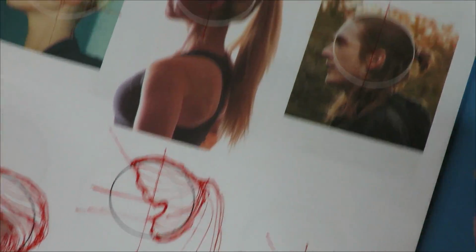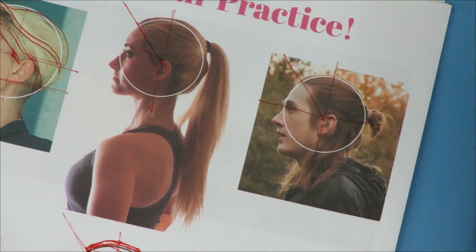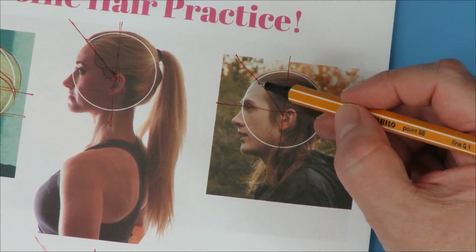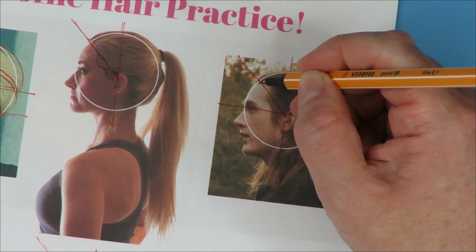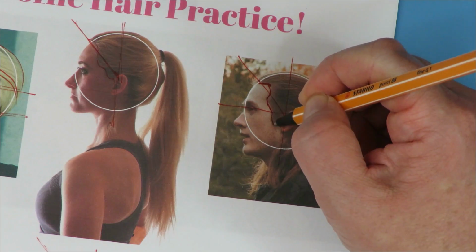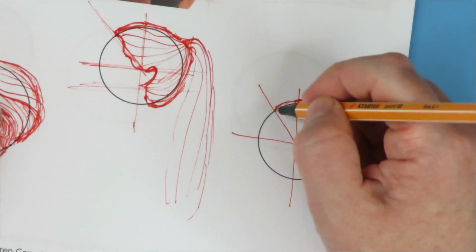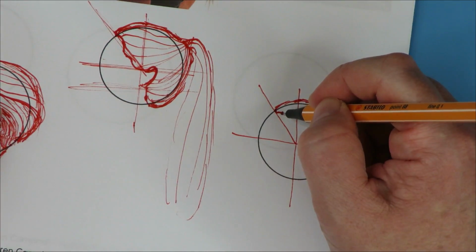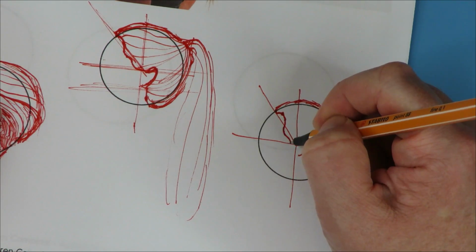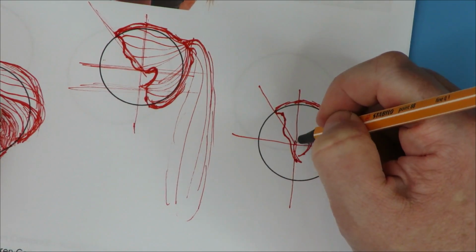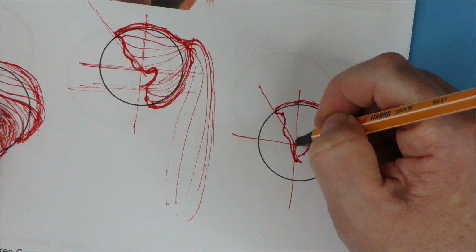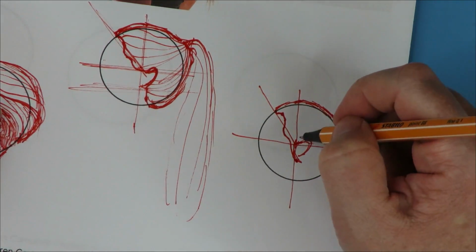Okay, now we can capture this hairline here, right? This is gonna go behind the diagonal and then in front. So we can come down and go behind this and in front, okay? He's a dude, so he's got some little sideburns action there.